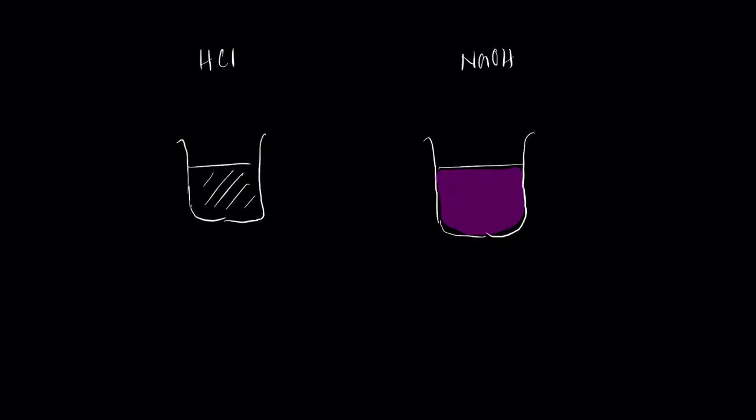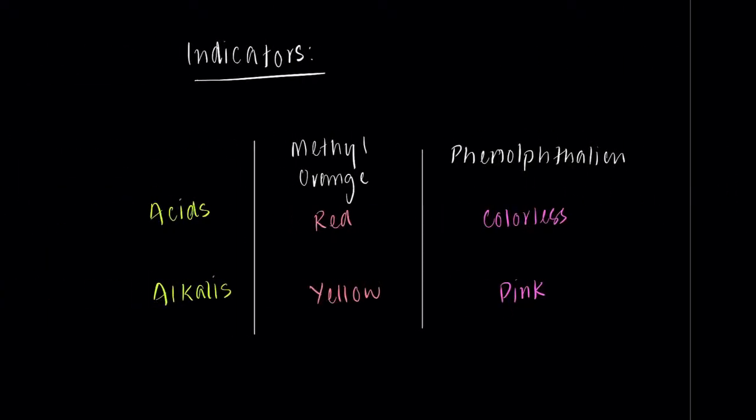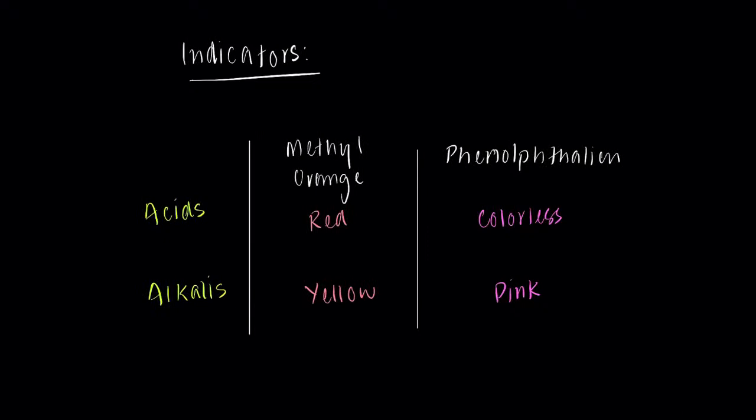I'm just talking about two chemicals here, which will change colors depending on whether they're in an acid or an alkali. Another way of looking at the same thing is that they will have their acidic color when the pH of a solution is less than 7, or phenolphthalein will turn pink and methyl orange will turn yellow when the pH is greater than 7.